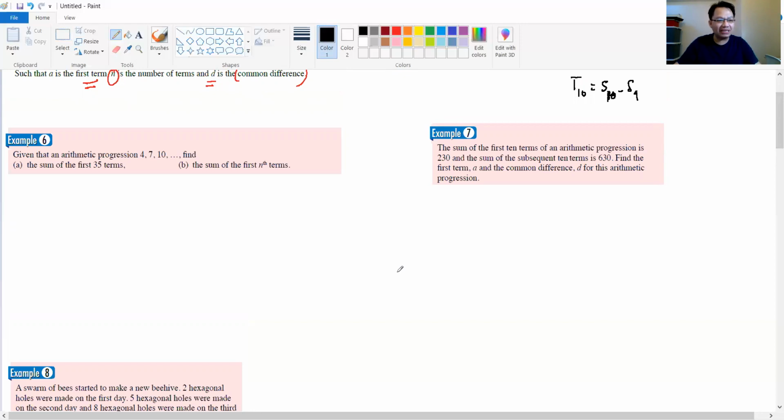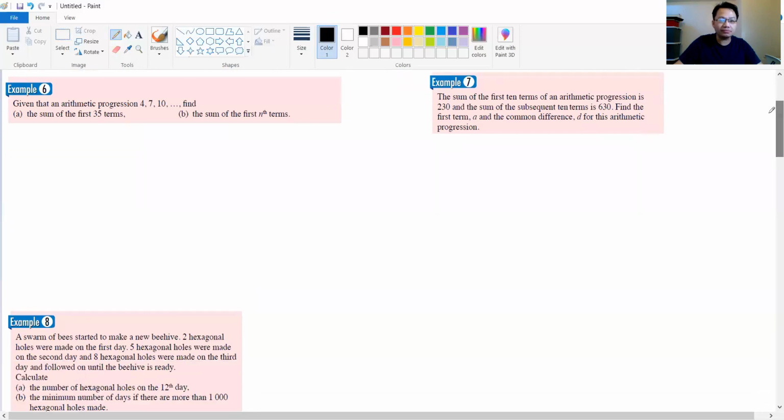Okay, now example 6. Given the arithmetic progression like this, find the sum of the first 35 terms.